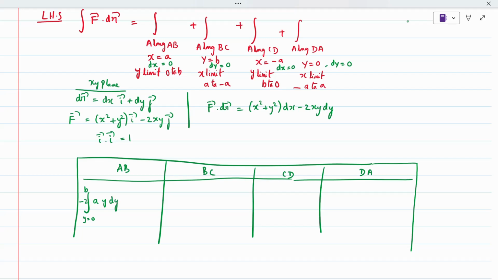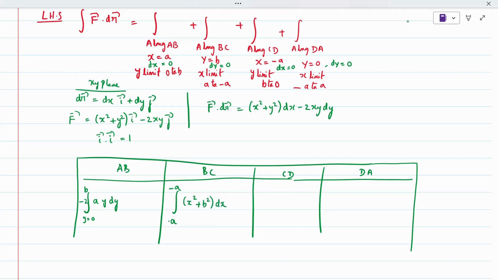In this second, BC, when I write y equal to b, dy is 0. This is fully 0, y is only b. So the integral limit is a to minus a. So in this I have to substitute x squared as it is. So x squared plus y squared is replaced by b squared, y squared is b squared, dx.